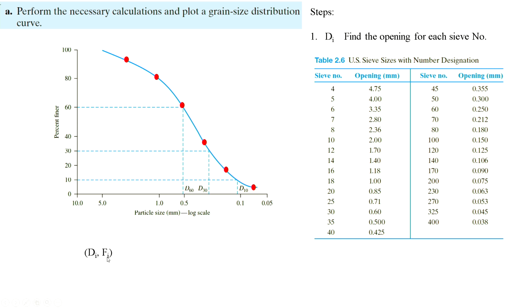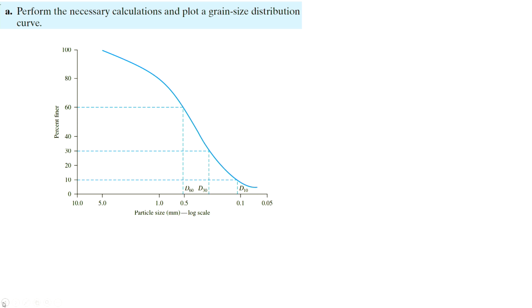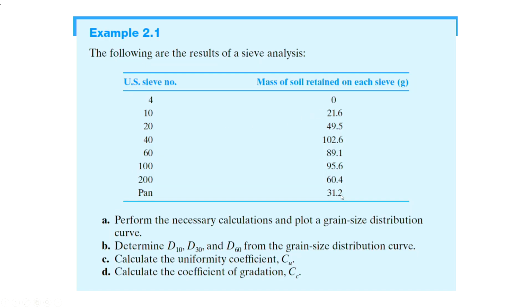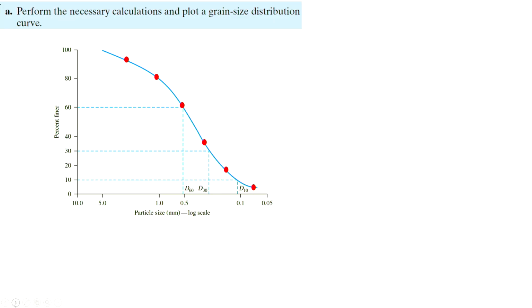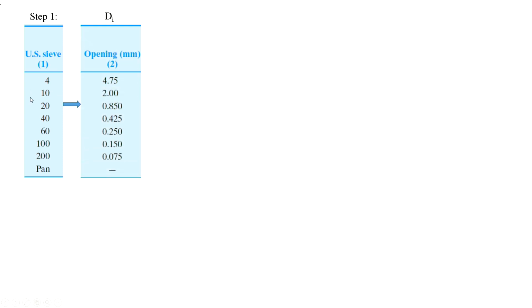And how to calculate Fi, the percentage finer Fi, then we need to use this equation. What you need to do is just to put those numbers in here, because it already gives you the mass on each sieve, right? So step 1, we know the sieve number, and we find the opening for each number.